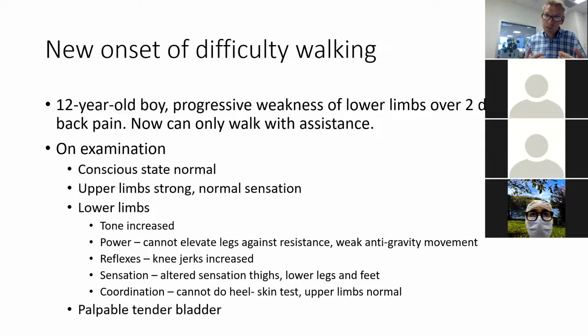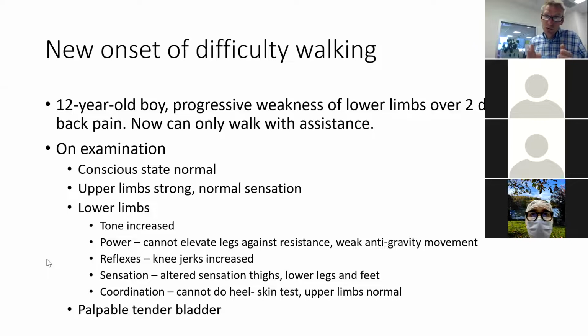His reflexes were very brisk, and his sensation, he could say that he had pins and needles in his legs, abnormal sensation in his lower legs, some pain shooting down his legs, and his coordination, he couldn't do the heel shin test, but his upper limbs were normal, and he had a palpable tender bladder. Where do you think the lesion is?